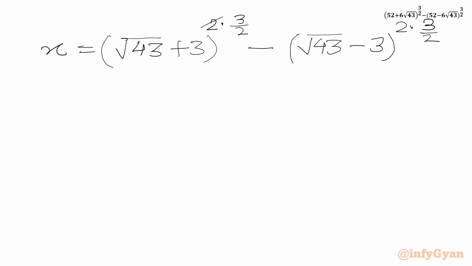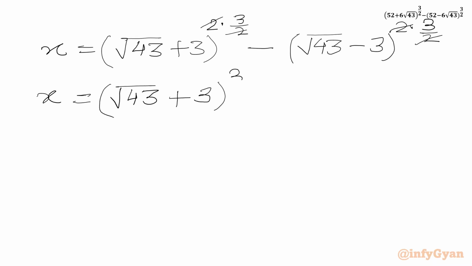Now we will cancel denominator 2 and 2 from the numerator. We can write x equal to (√43 + 3) whole cube minus (√43 − 3) whole cube.